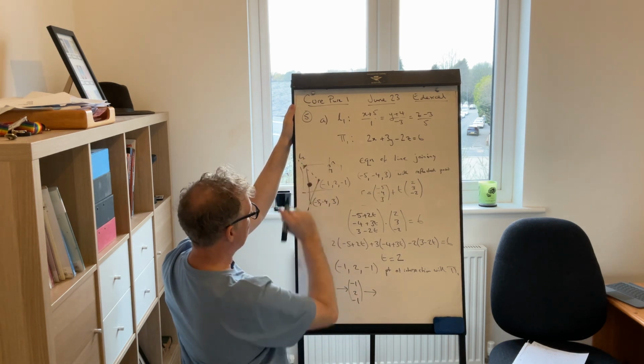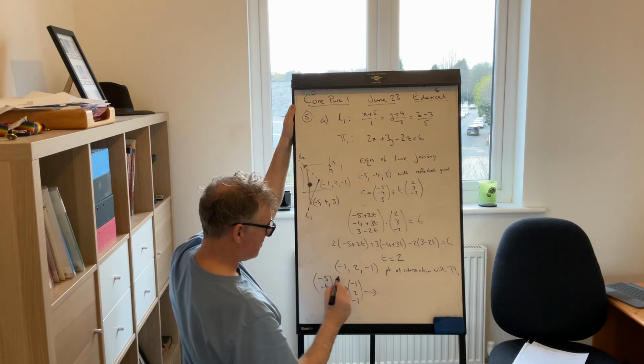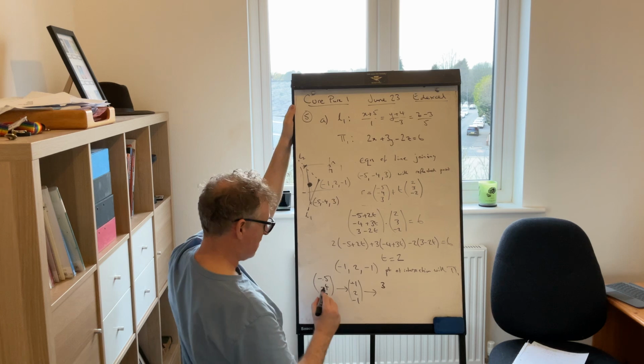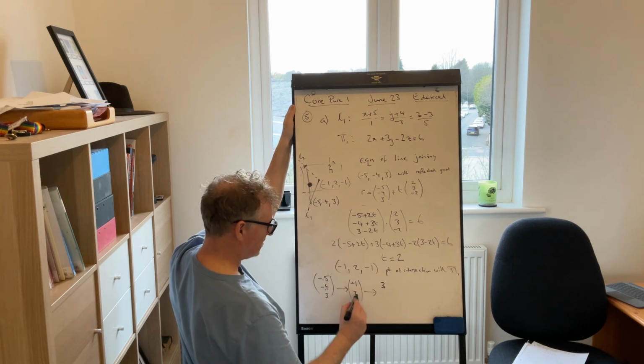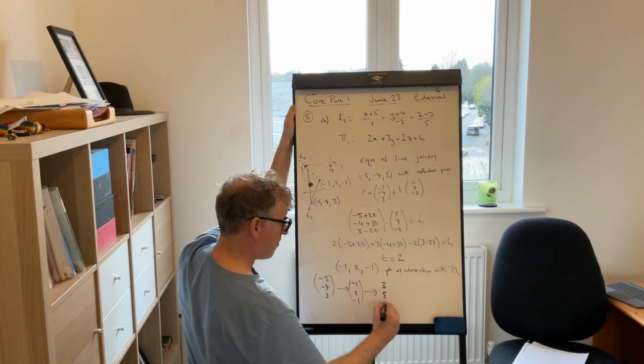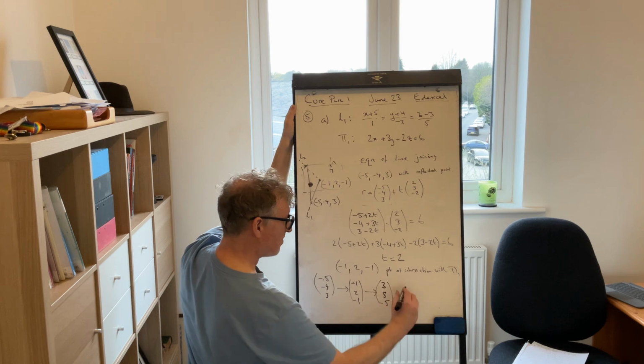So from -5 to -1, I've gone up 4, so go up another 4, I'm at 3. From -4 to 2, I've gone up 6, so go up another 6, I'm at 8. From 3 to -1, I've gone down 4, so go down another 4, -5. So that's my mirror point.